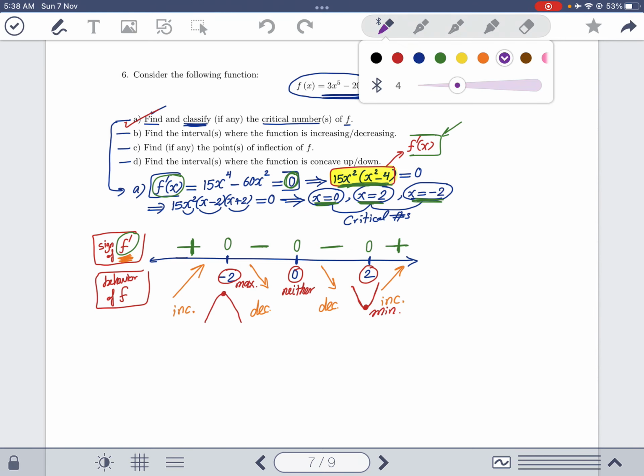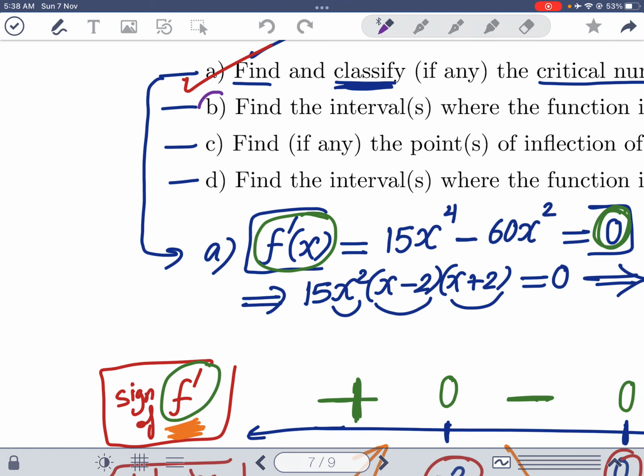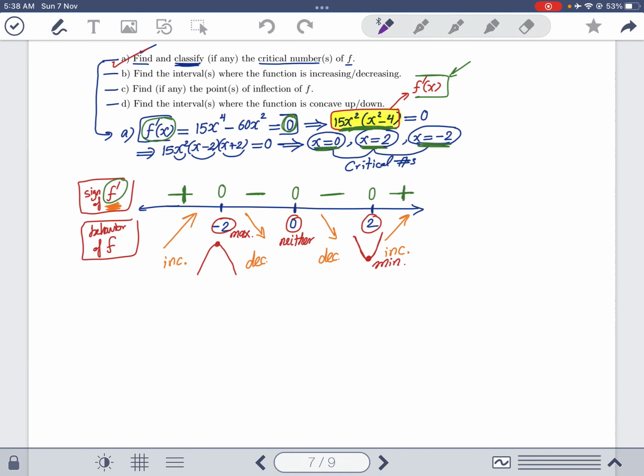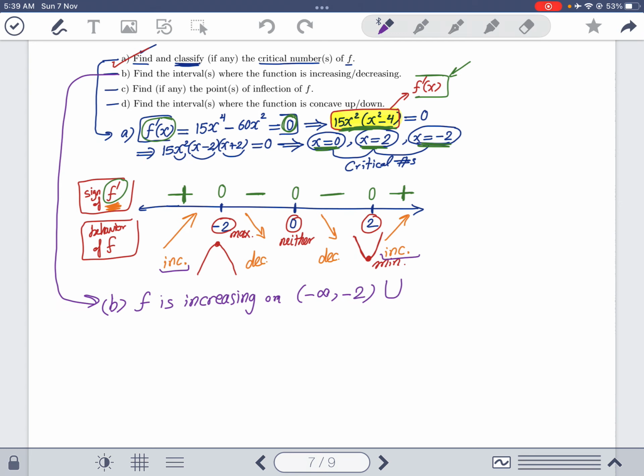Now we go to part B. For part B, it says find the intervals where the function is increasing or decreasing. We see it already. Increasing, it's on 2 intervals. So you can say in B, f is increasing on the intervals from -infinity to -2, union from 2 to infinity.